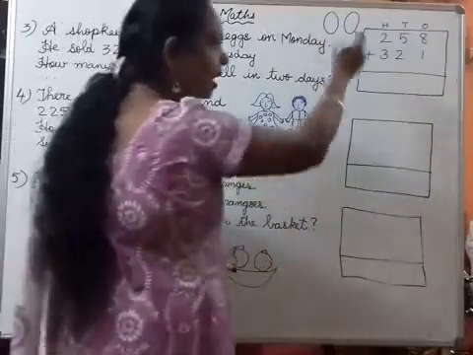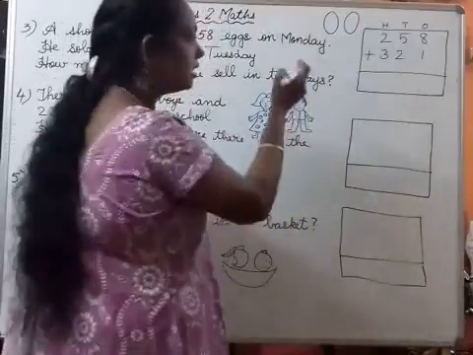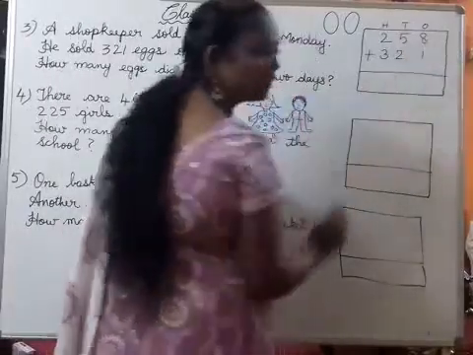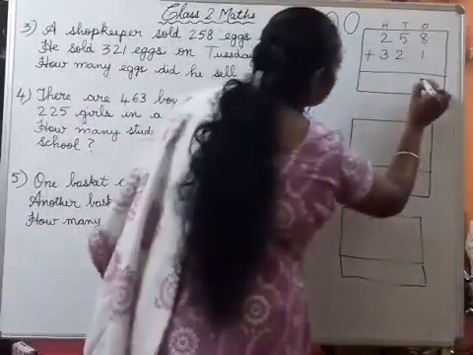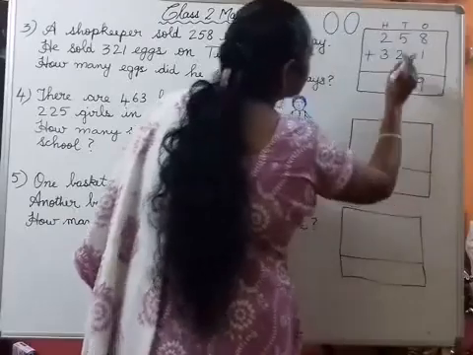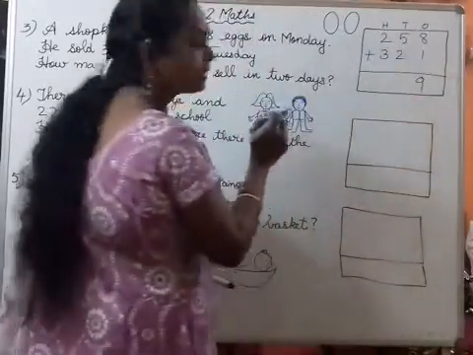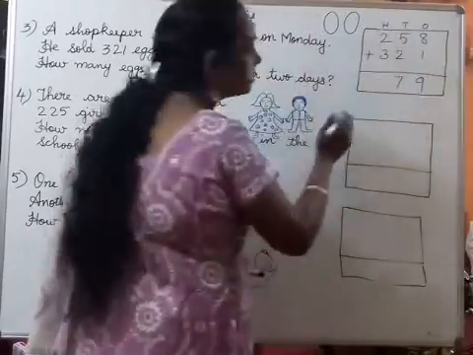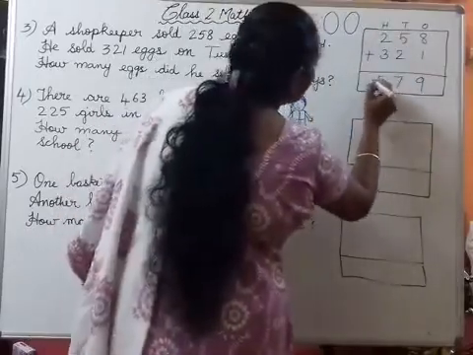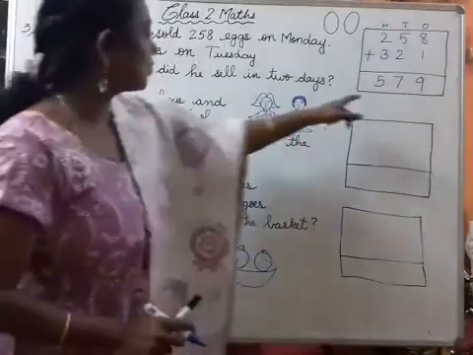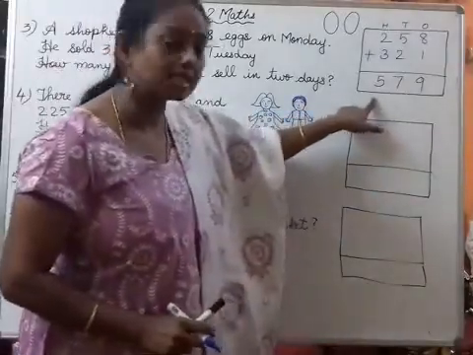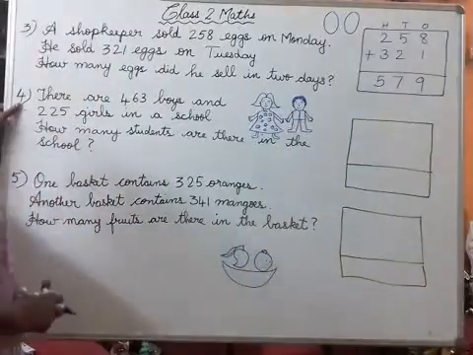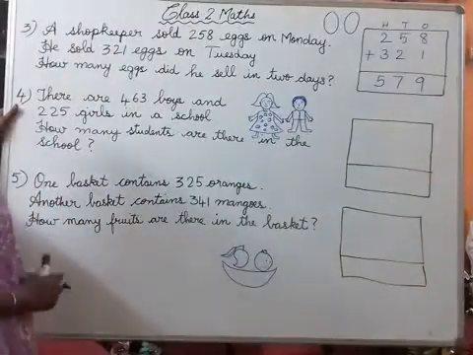So now we have to total these two numbers. Add these numbers. 8 plus 1 will be 9. Next 5 plus 2 will be 7. Next 2 plus 3 is 5. So total eggs sold is 579.